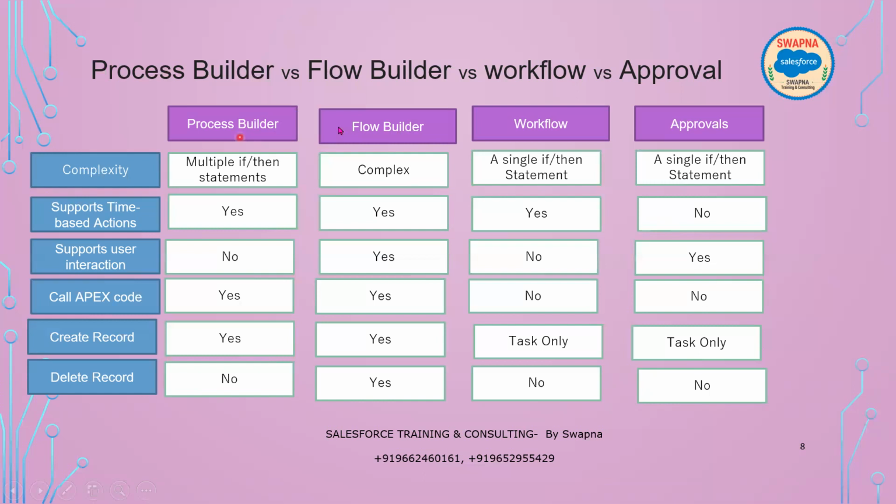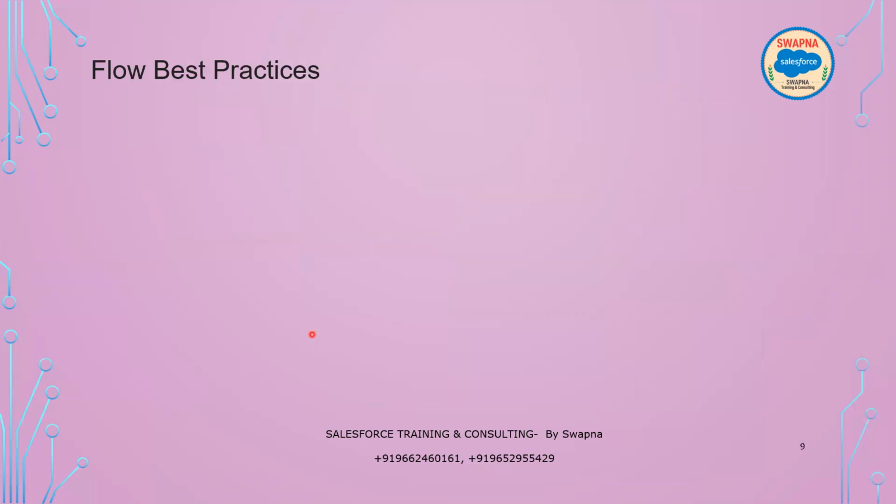So that means right now flow builder includes the process builder, workflow, approval process. All of this will be combined into the flow builder. Now we can implement the approval process within the flow builder also. For that, we got a new one which is called Flow Orchestration. Now those are the differences.